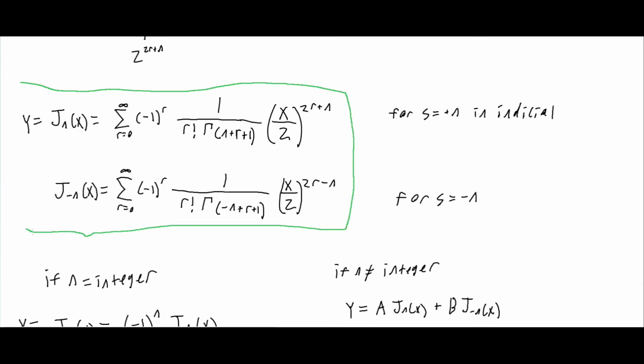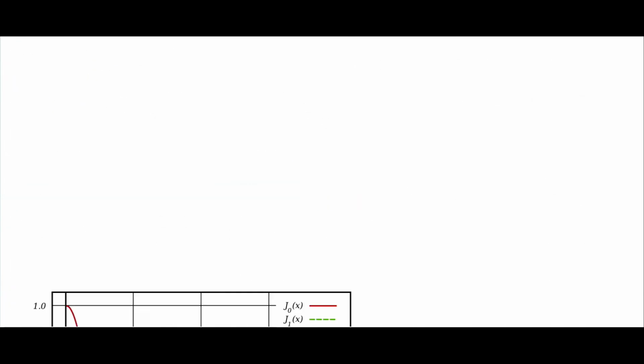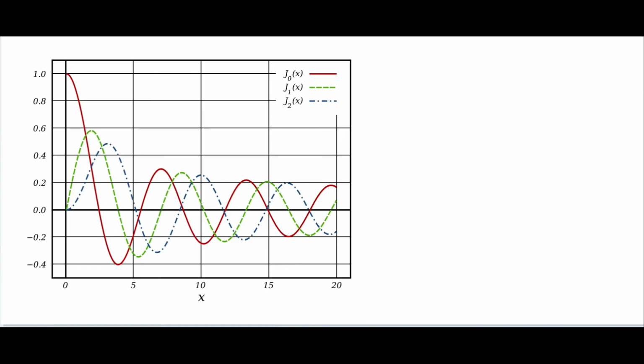These are the two equations here. And if we actually graph these, I have a picture of that down here that I took from Wikipedia. If n equals 0, we get this red line here. If n equals 1, we get the green dashed line here, and n equals 2, we get this blue line here. And we see that it makes sort of a sinusoidal pattern.